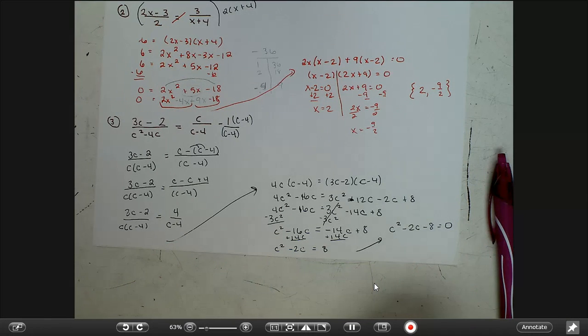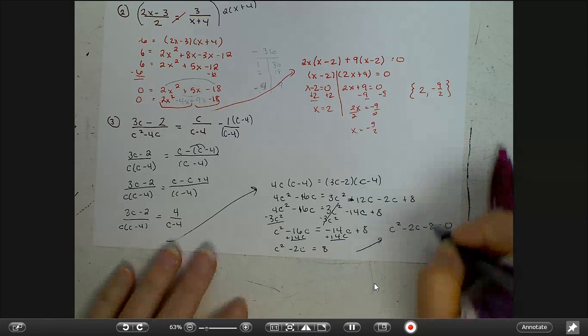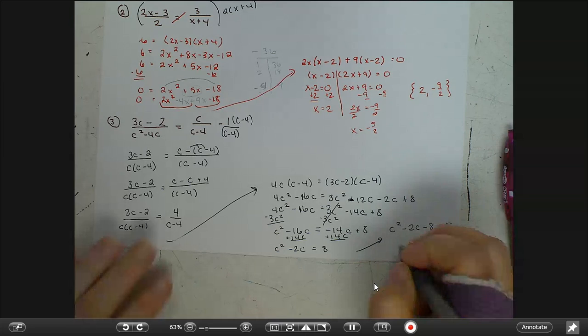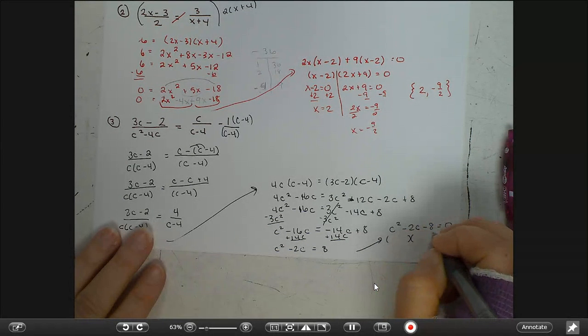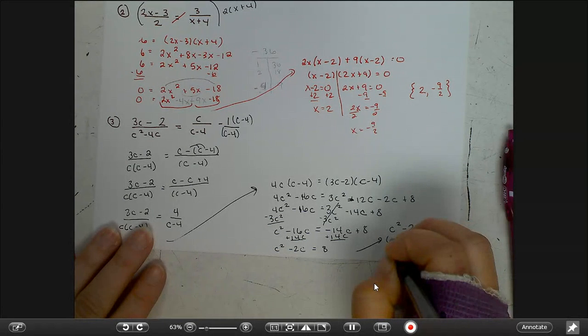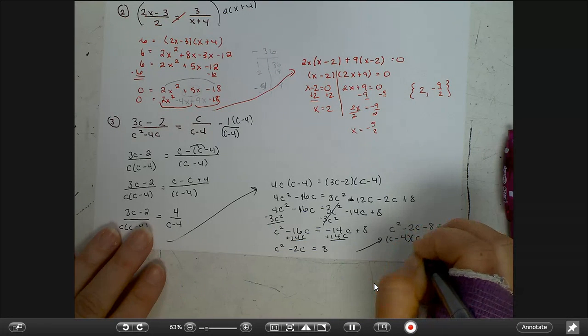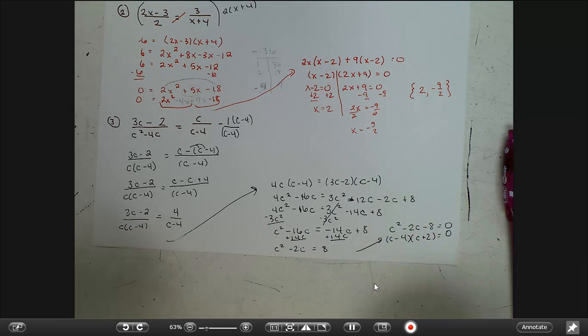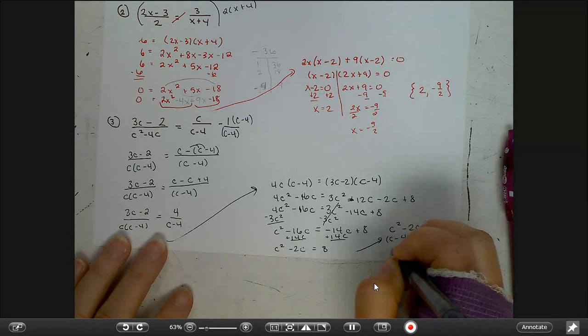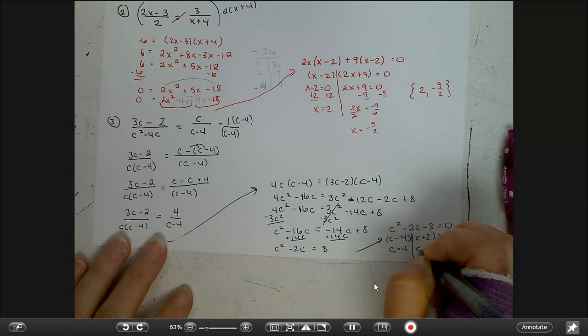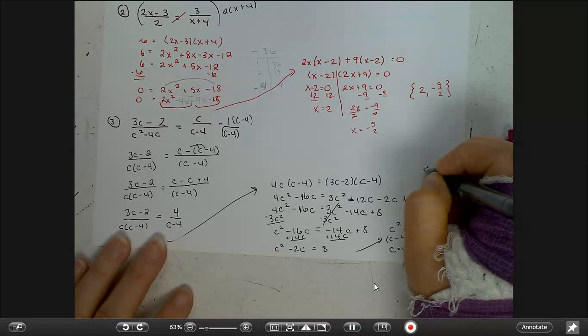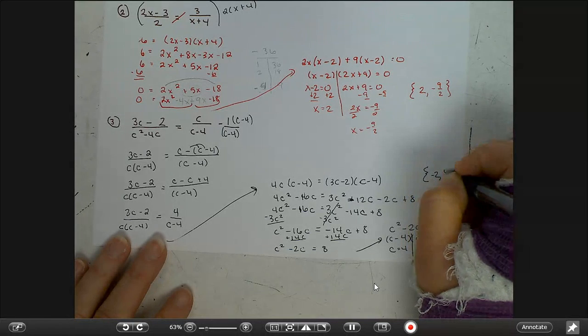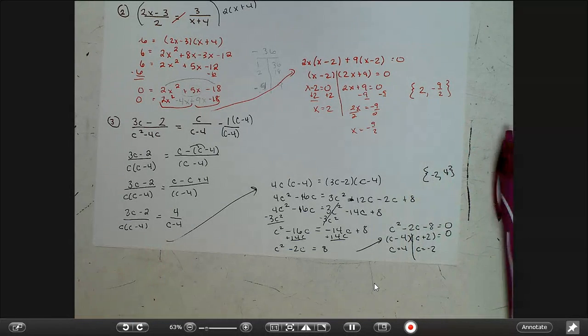We need to factor this. So what are the factors of negative 8 that add up to negative 2? C minus 4, c plus 2. Solve the mini equations. So c is 4 and negative 2. So the solutions are negative 2 and 4. All right.